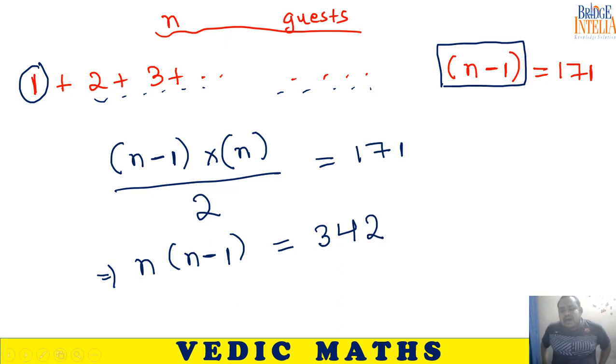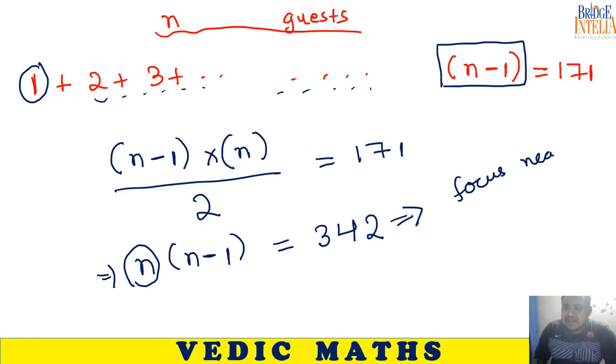So now our task is to think about such a number that if you multiply it with just the smaller number, the product must be equal to 342. Similarly, focus near the square root of 342.